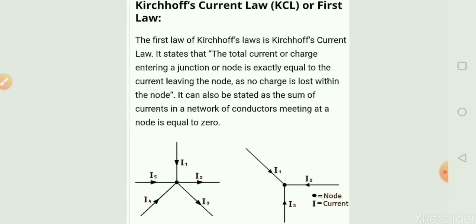So no charge is lost within the node. It can also be stated as the sum of all the currents in the network of conductors meeting at a node is equal to 0.